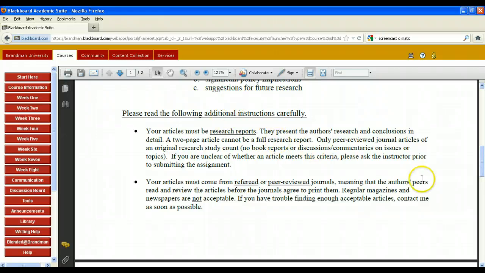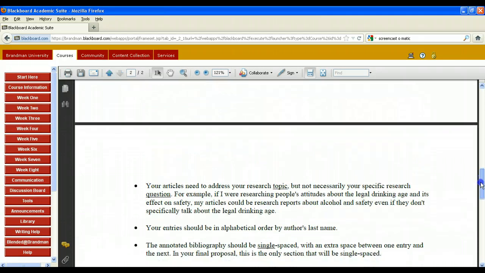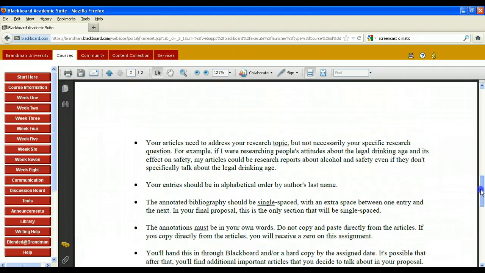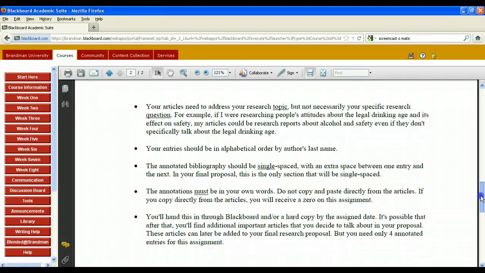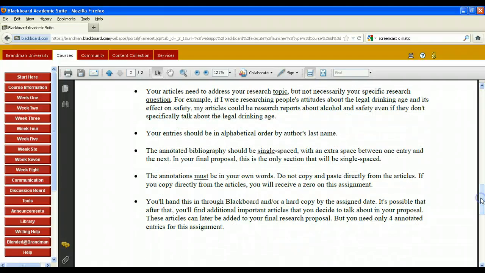Then the rest of this tells you what a peer-reviewed research article is, but we went over that in class on Wednesday, and so did Annie. This is important if you're still looking for articles, and we talked about this on Wednesday as well. Your articles need to address your research topic, but not necessarily your specific research question.